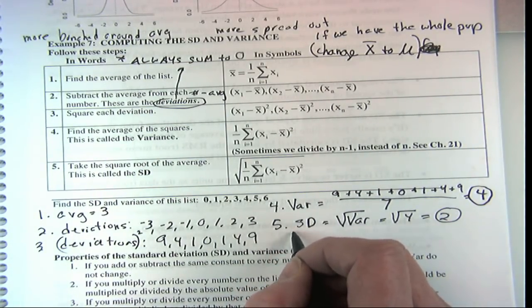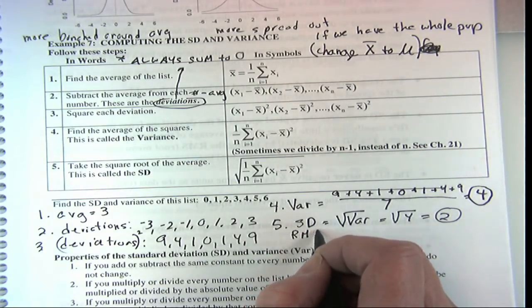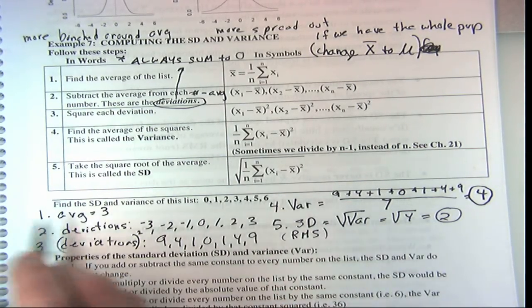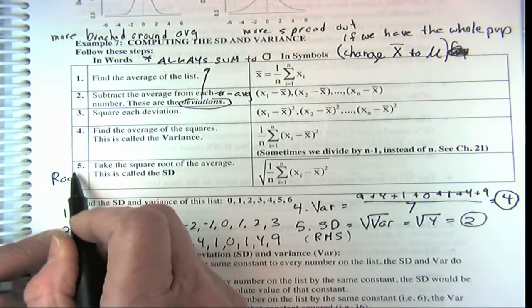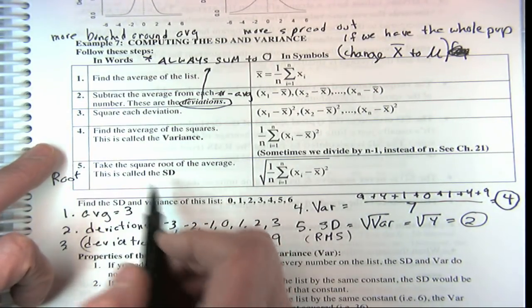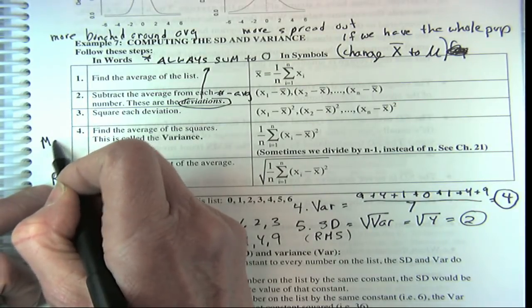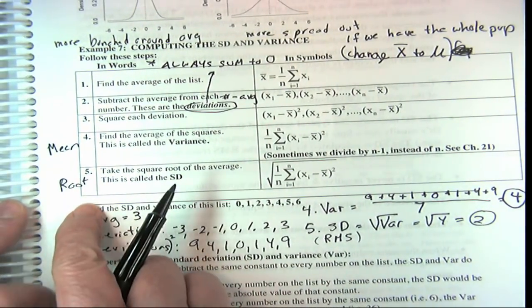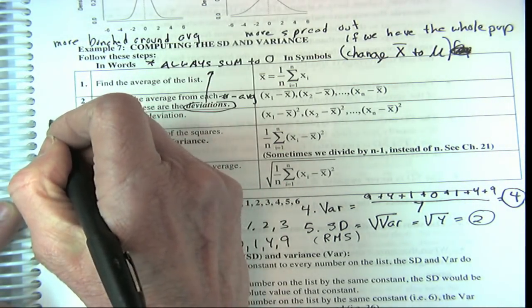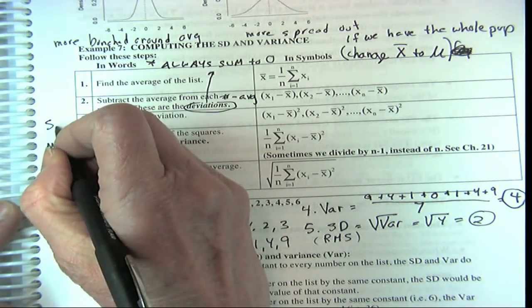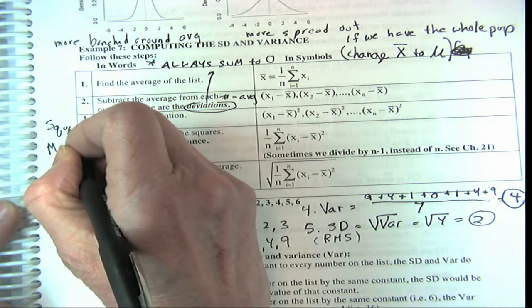Why is that? The root mean square of the deviations. You can think of it, here's the square root, the root. There's the mean. We're taking the square root of the mean of the squares of the deviations.